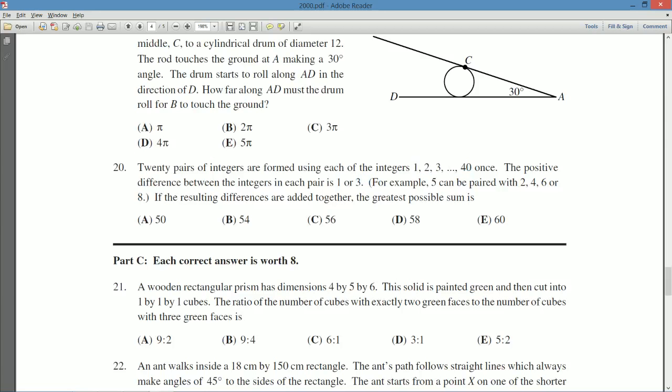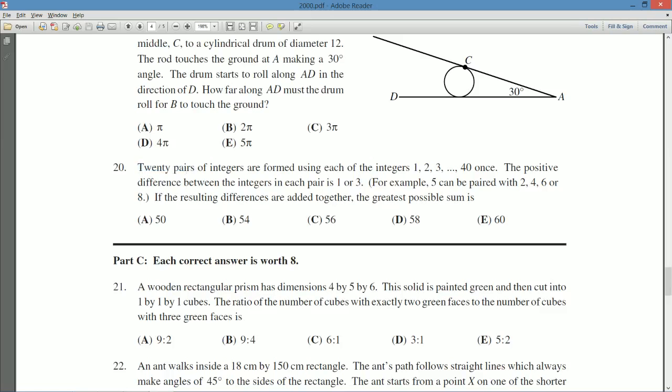Alright. If the resulting differences are added together, the greatest possible sum is... Okay. So we're trying to maximize a sum here. So I think it's fair to say, we're going to have 20 pairs no matter what. So we're going to have some 1s and then some 3s.